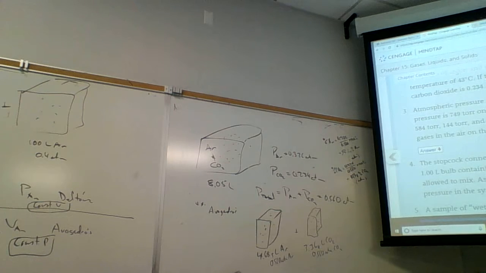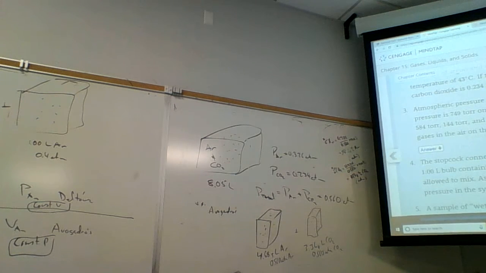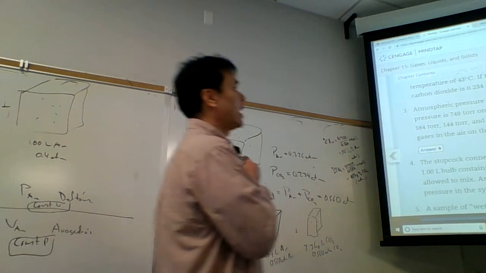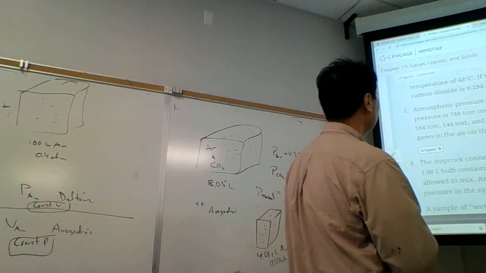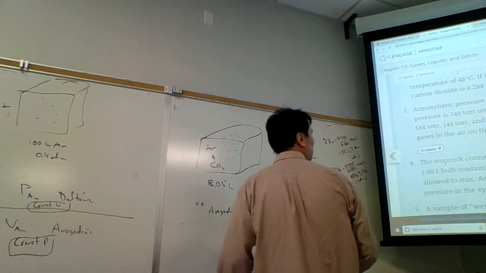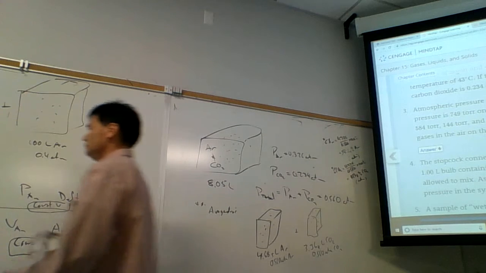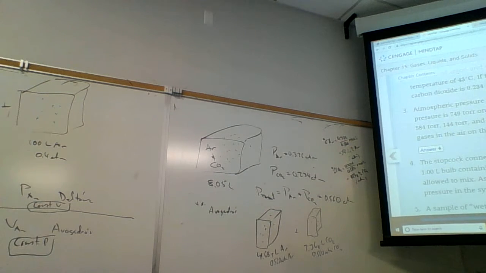3. Atmospheric pressure is the total pressure of the gaseous mixture called air. Atmospheric pressure is 749 torr on a day. Okay, so I'm going to have an air mixture. So this is air.